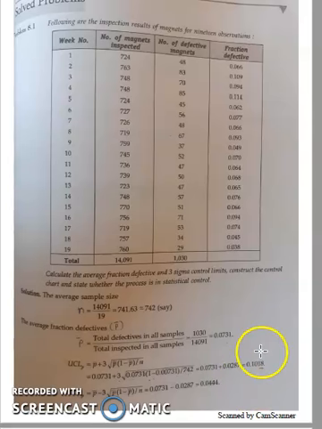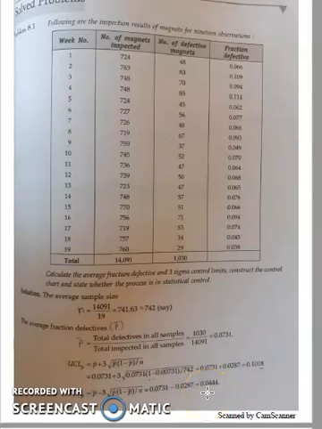In the same way for the lower control limit, you only have to put a minus sign: P bar minus 3 into under root of P bar multiplied by 1 minus P bar divided by n, and the whole thing is under the root. Then you will calculate the lower control limit of P bar.